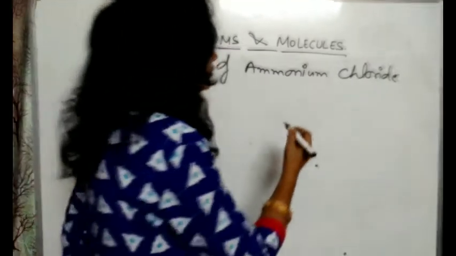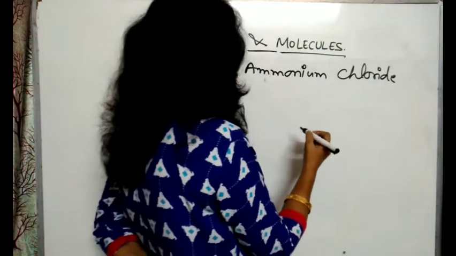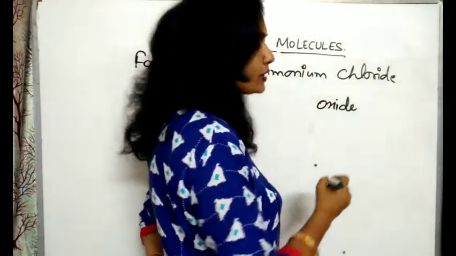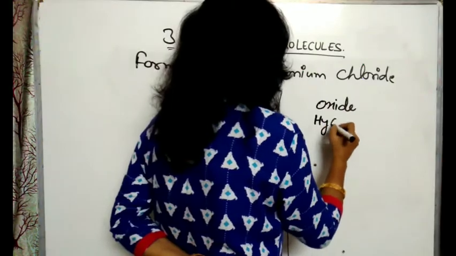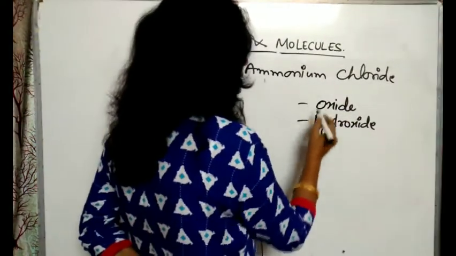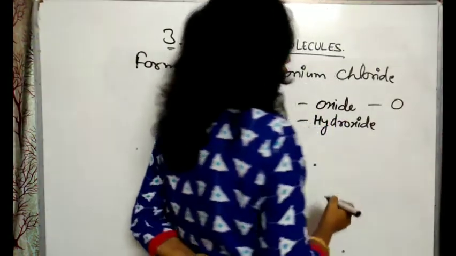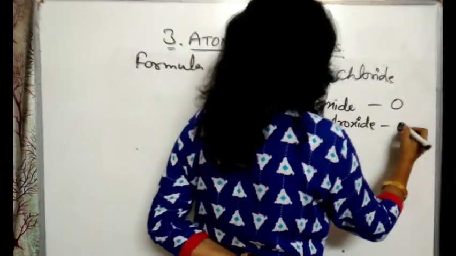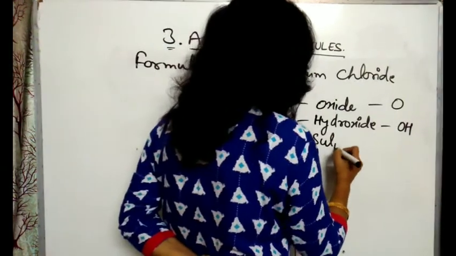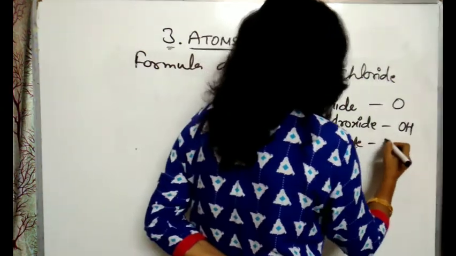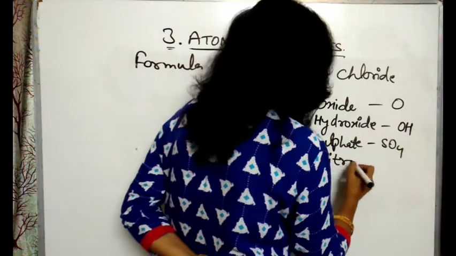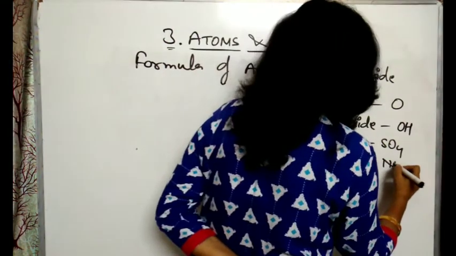Actually we have the formula of oxide, like magnesium oxide. After that hydroxide, that we have not written. Hydroxide, I will give you the example also. For oxide we will write O. For hydroxide we will write OH. For sulfate we will write SO4. For nitrate, NO3.